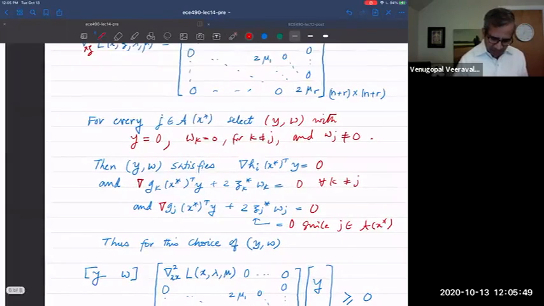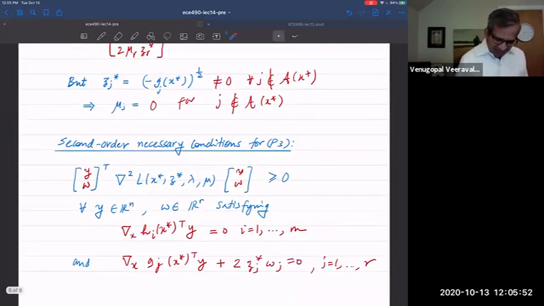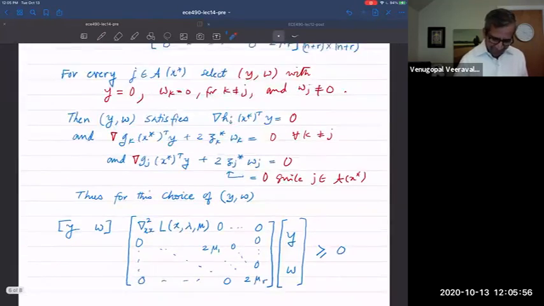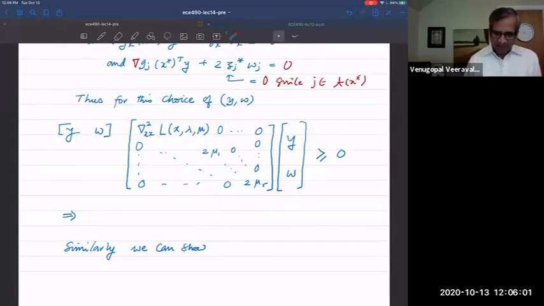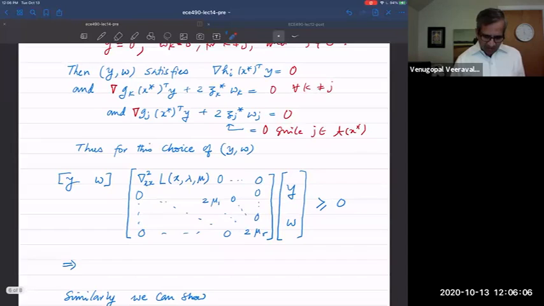Okay, so we've satisfied these conditions, so now we can apply this. Let's go ahead and do that. For this choice of w, we have that this product has to be greater than or equal to 0, but let's see what that implies. Well, y is 0, so this guy doesn't matter and disappears. Now let's look at what role w plays.